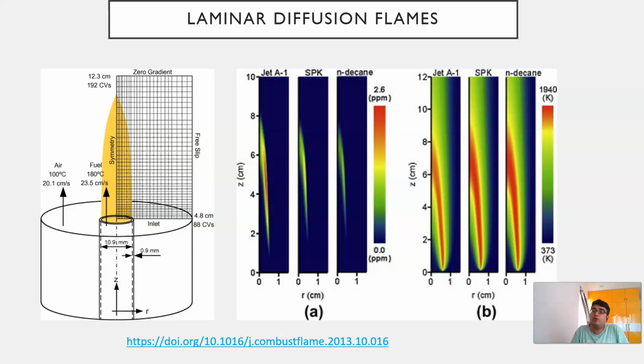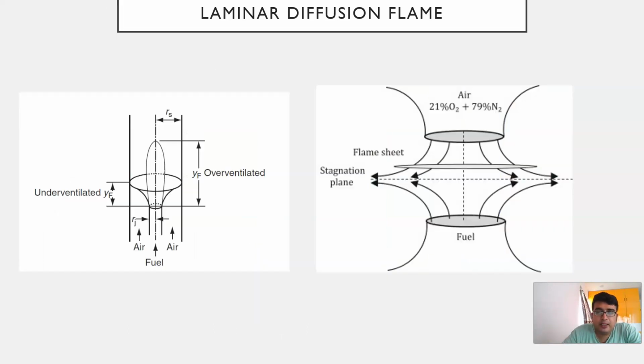Whenever a flame looks yellowish, it means it is generating a lot of soot, because it's the soot particles getting heated up and emitting that yellow color. Wood flames, charcoal flames, candle flames, all of them are quite yellow in the outer region, so they are generating a lot of soot. That's the basic idea.